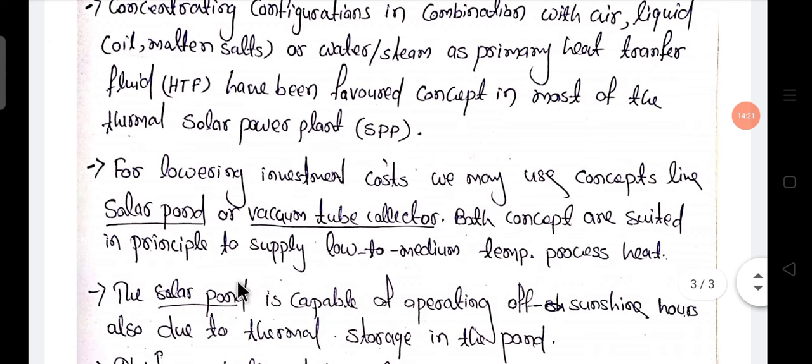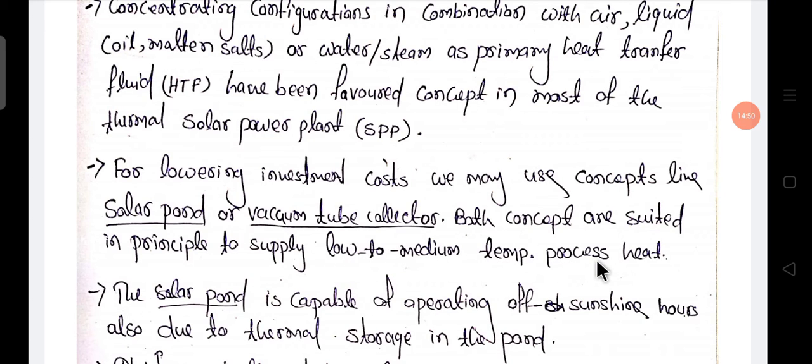For lowering the investment cost, we can also use non-concentrating collectors like a solar pond or vacuum tube collectors. Both concepts are suited in principle to supply low to medium temperature process heat.